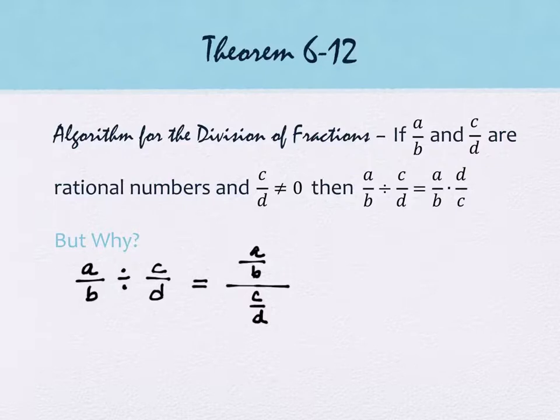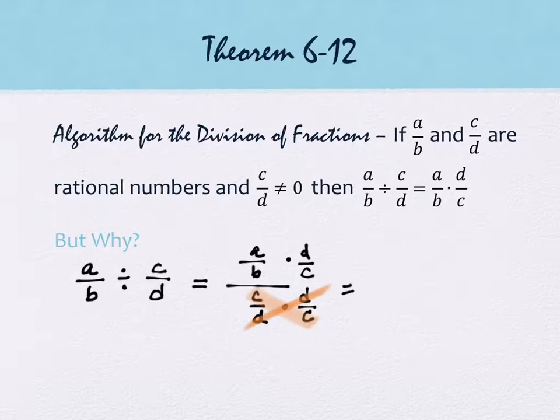So if I don't want the double fraction involved, I know I can multiply the big denominator by the same thing as I do the big numerator. So if I multiply my big denominator by D over C and my big numerator by D over C, what we see happen here is that these cancel, right? I get a denominator of 1.